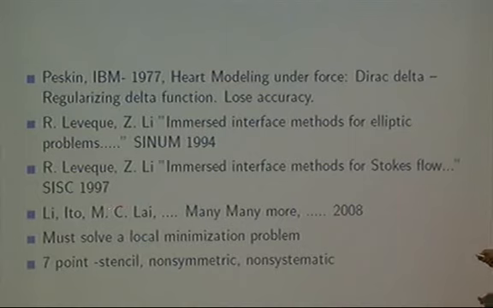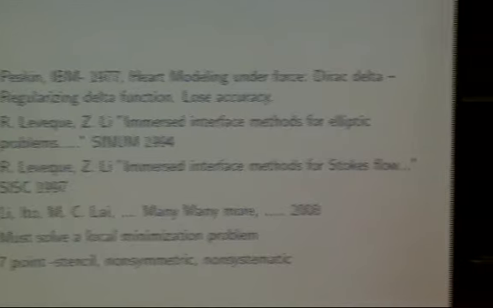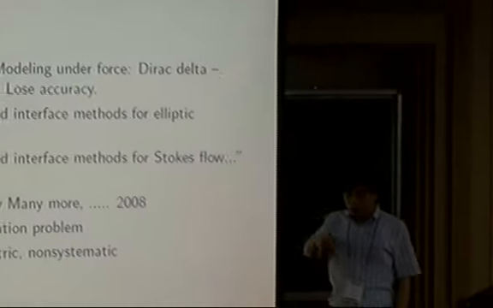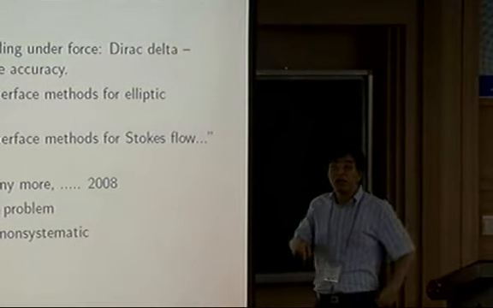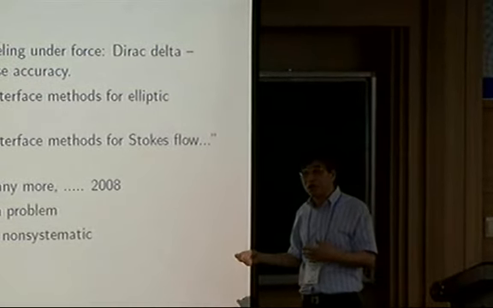And then they continued in this direction and studied many other equations. Many other equations. Okay? But these are finite difference methods, and there are some problems with the finite difference method. It is not very systematic, especially for problems with non-uniform grid. For uniform grid, finite difference is good.